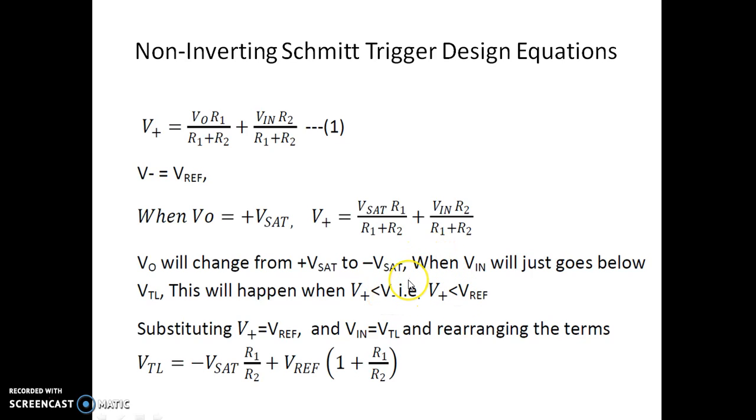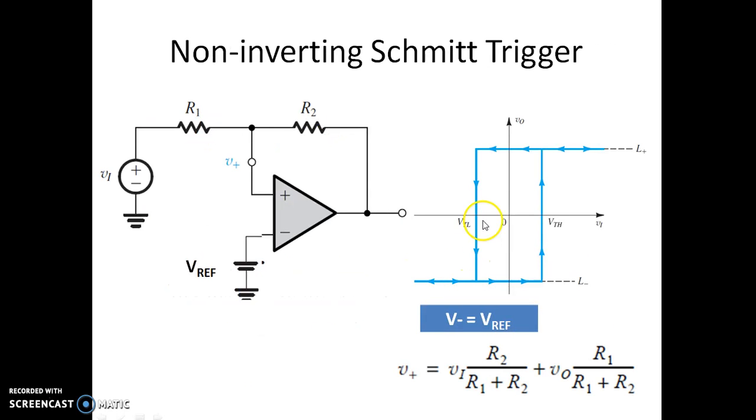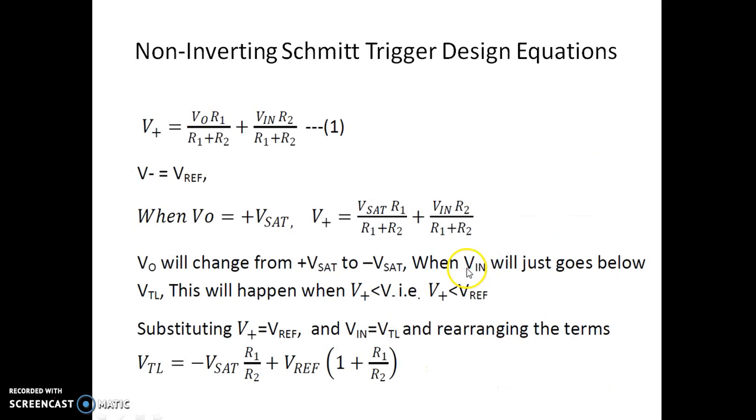When the input voltage is varying, there is a possibility that this input voltage may go less than VTL. When it goes less than VTL, the output makes a transition from plus Vsat to minus Vsat.